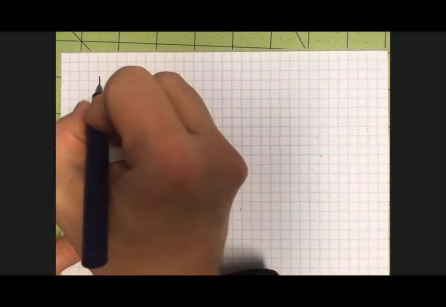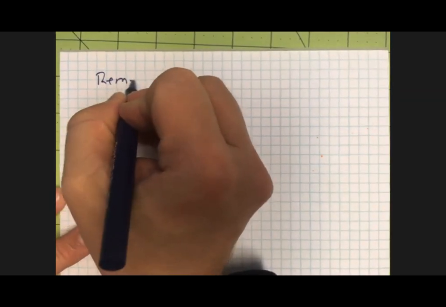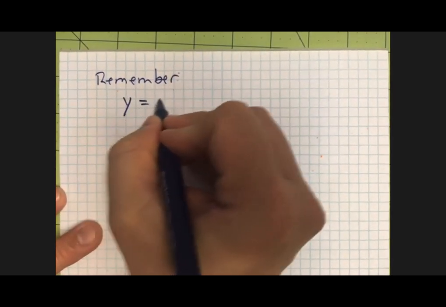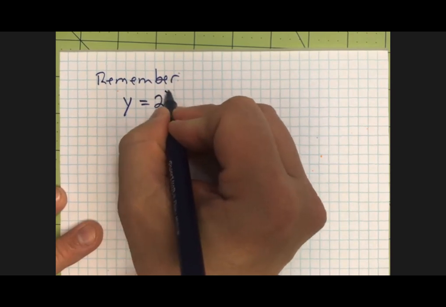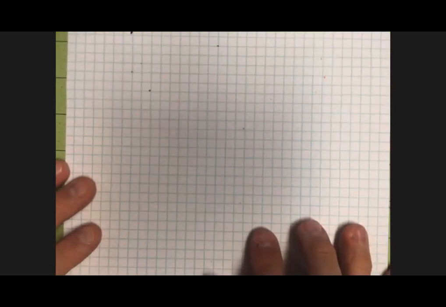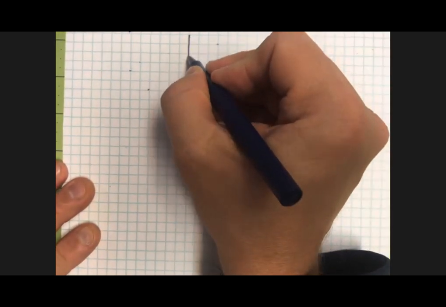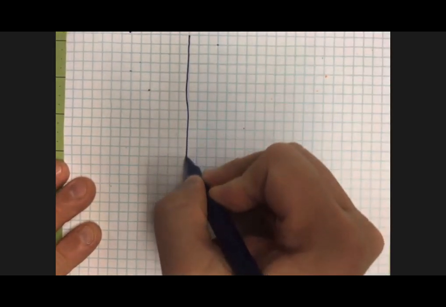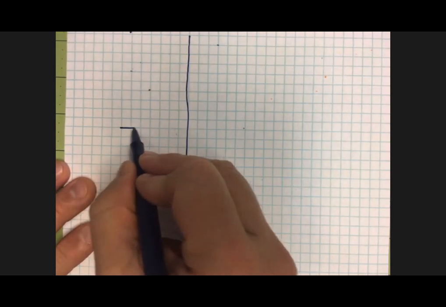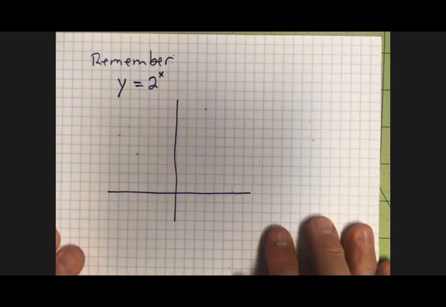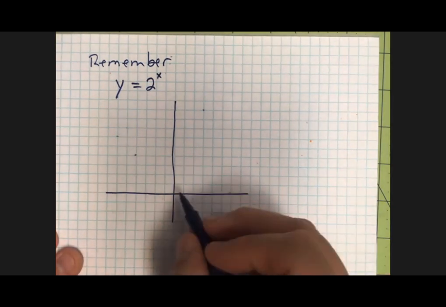So do you remember from last time what it means to say y equals 2 to the x? Let me draw a large scale picture here, large enough to show the formula and the picture at the same time.